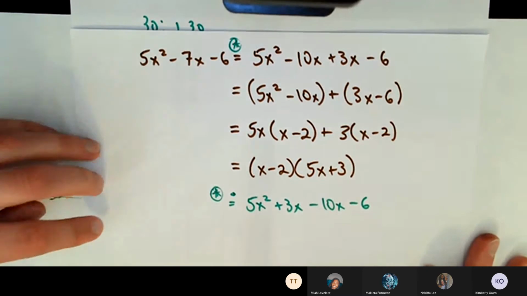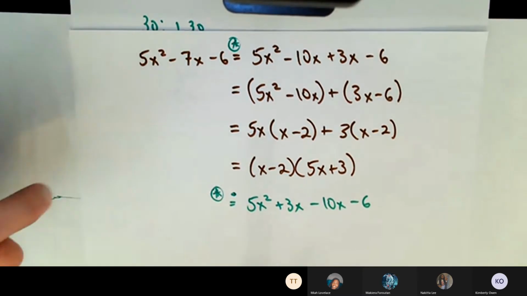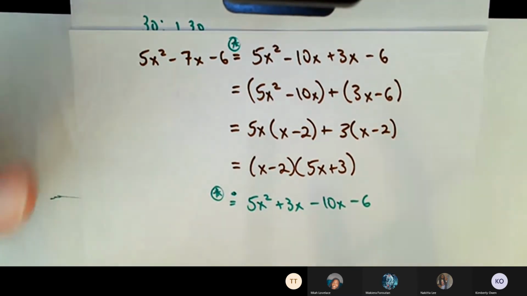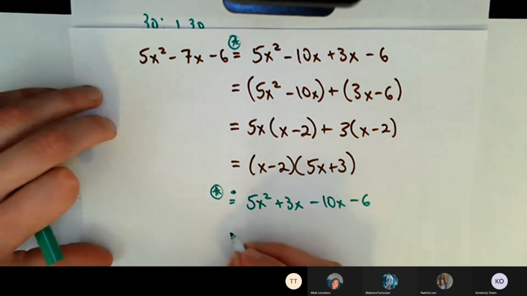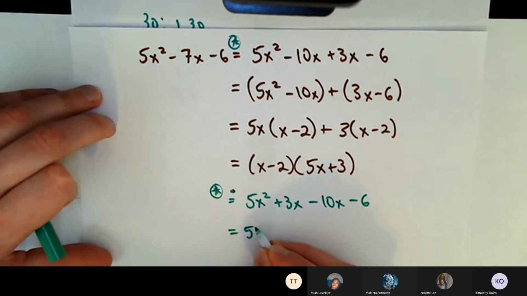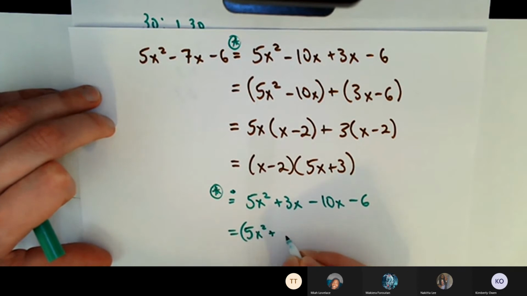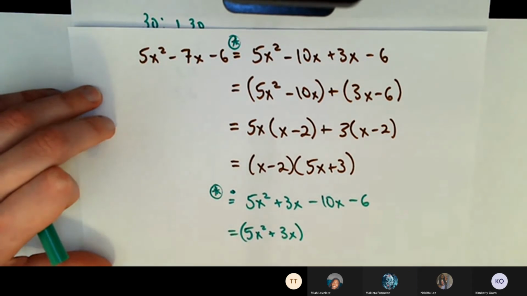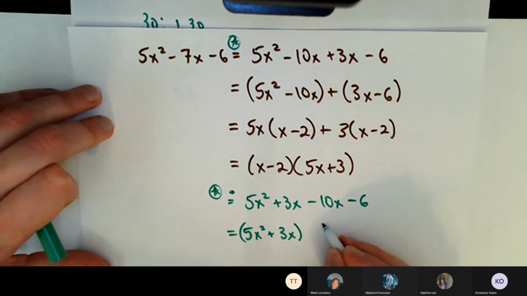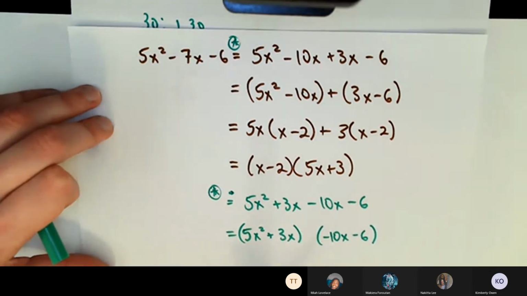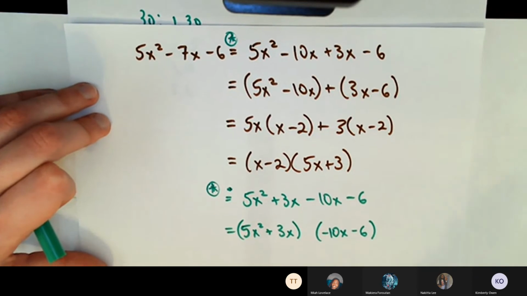Now this is fine, this is legitimate. It's just going to lead to a little thing about the negatives that you need to be aware of. And it comes right here when we group these things in the next step, when you wrap parentheses around them. If this term is negative, when you wrap parentheses around it, you need to include that negative inside the parentheses just to avoid any kind of errors.